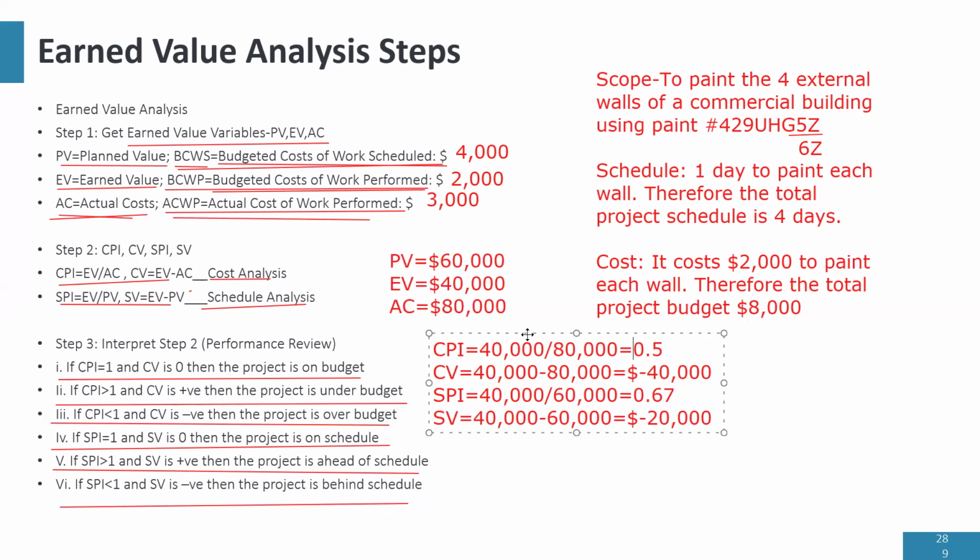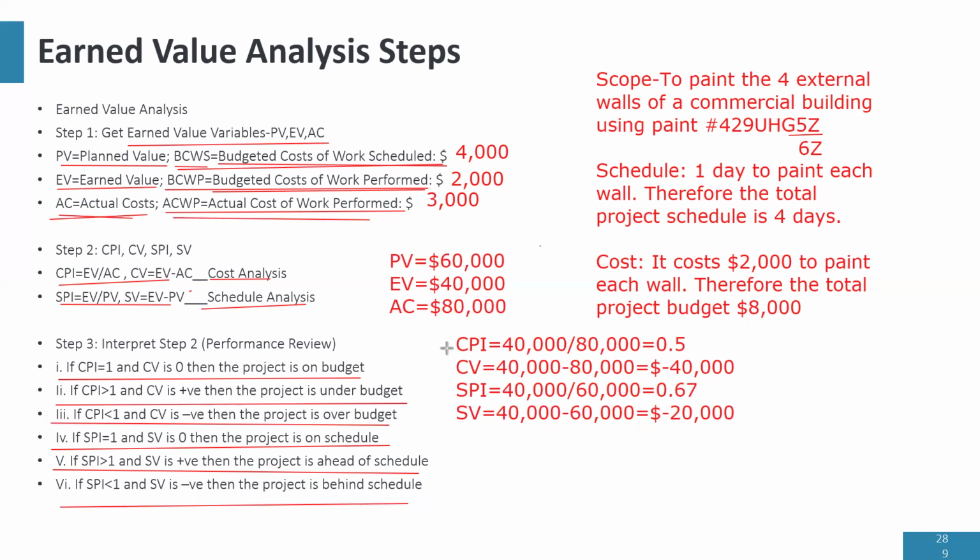But now that we've calculated everything, what can we say about this project? CPI is less than 1 and CV is negative. It means this project is over budget. Let's look at SPI. SPI is less than 1, and SV is negative, minus 20,000.